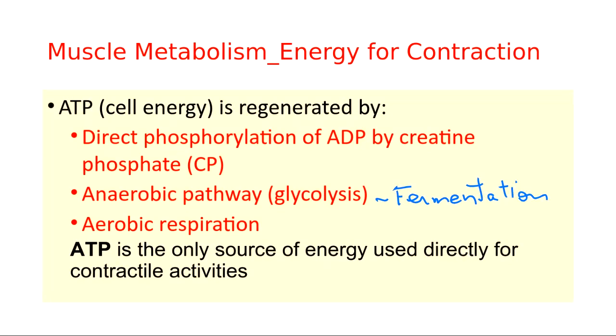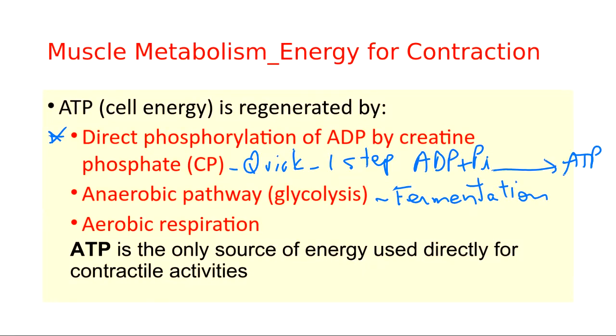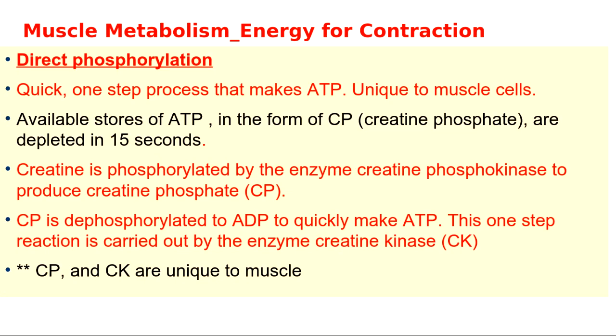The very first pathway here, direct phosphorylation of ADP by creatine phosphate, is a very quick, one-step mechanism to phosphorylate ADP and make ATP. So this is direct phosphorylation, a quick one-step process that makes ATP.